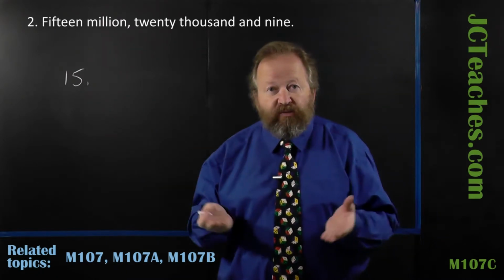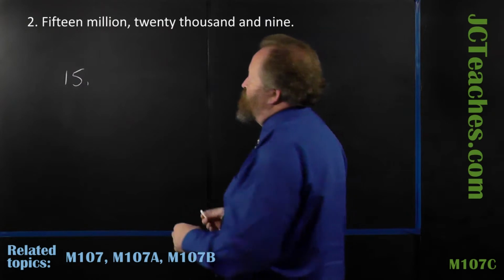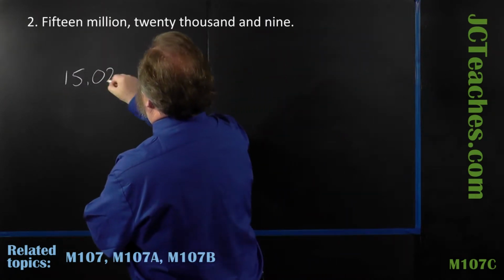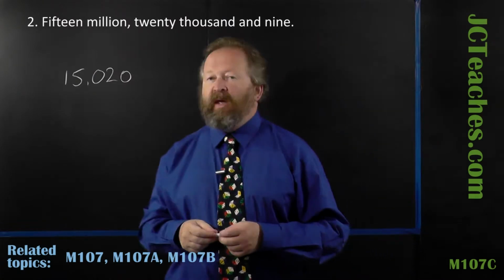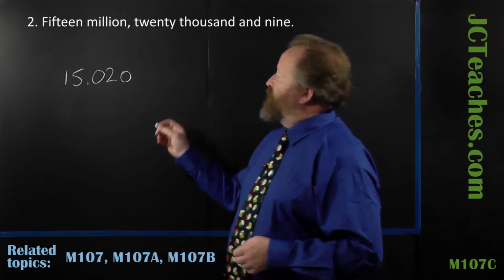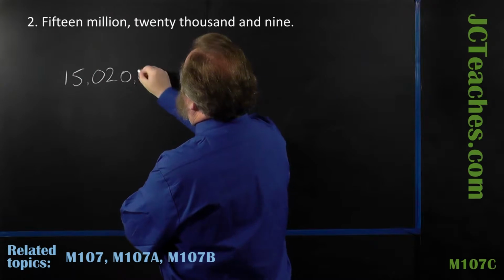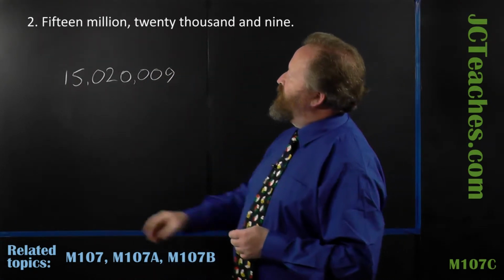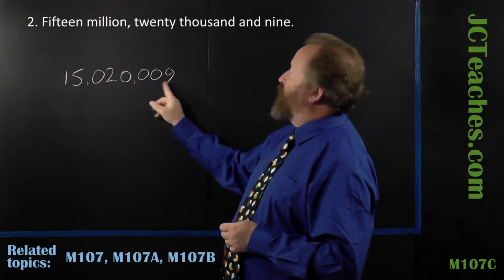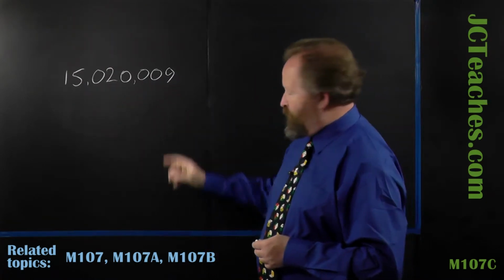Got to fit into a 3-digit group, so 020. Right. And 9. So we've got to have on the end hundreds, tens and units: no hundreds, no tens, 9 units. Okay? 15 million, 20,000 and 9. That was number 2. Number 3.